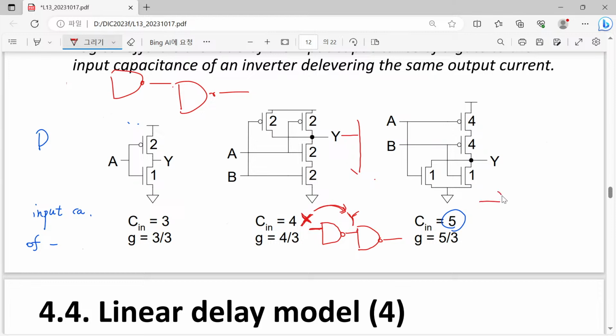So now we can consider a similar case with the NOR gate.